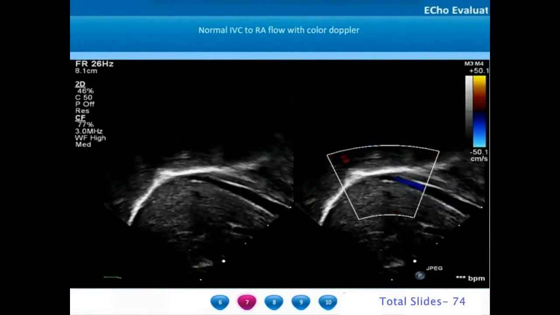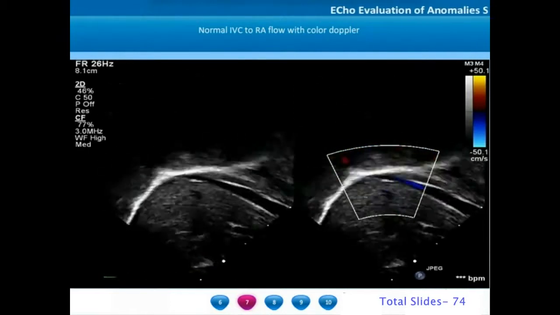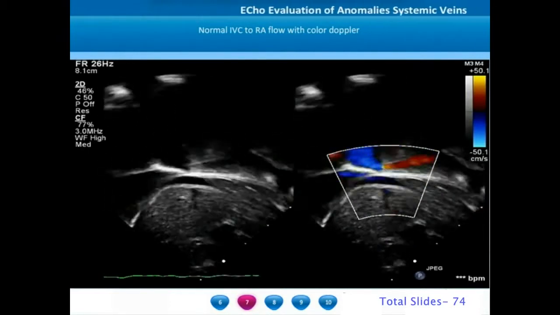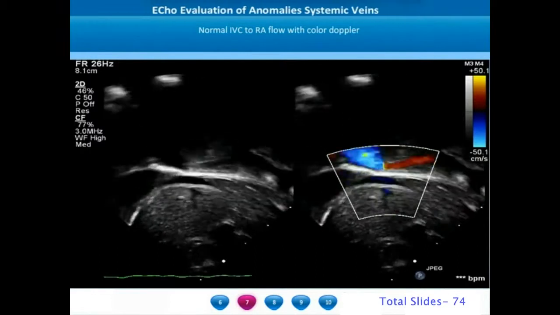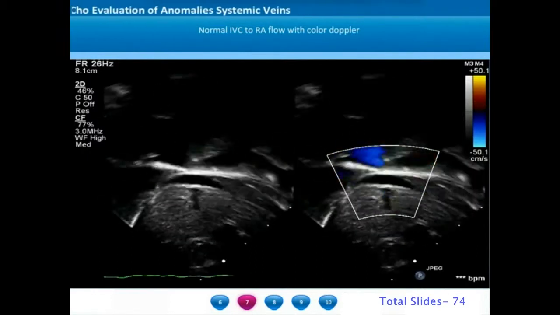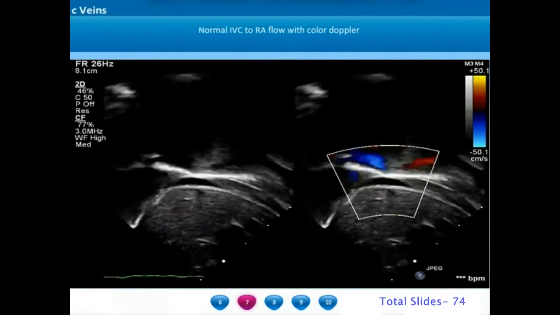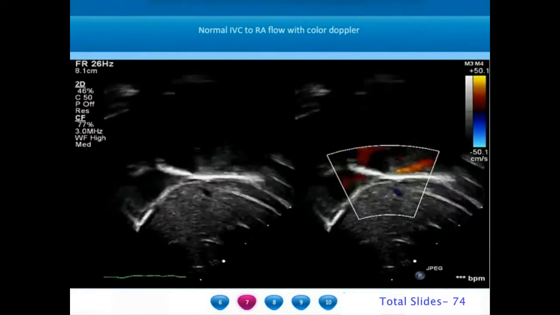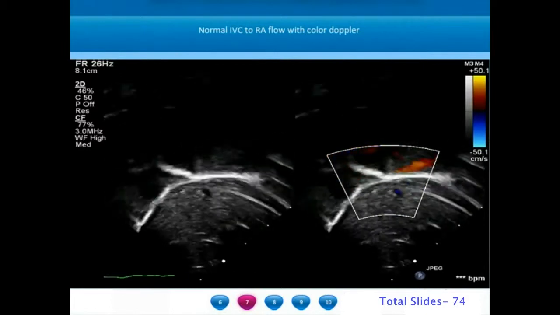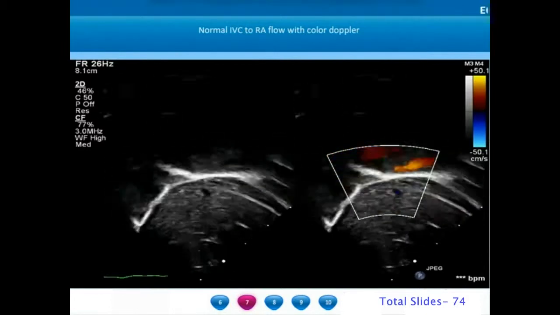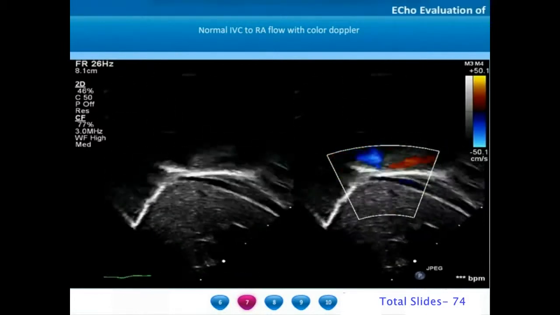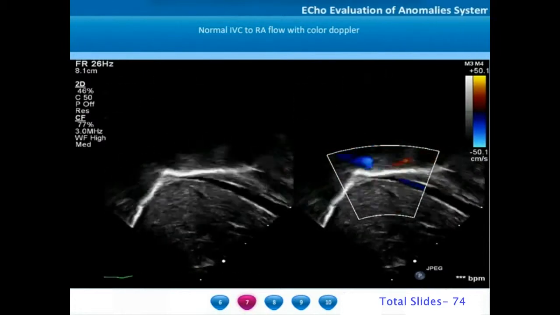The normal inferior vena cava has a good inspiratory collapse. During inspiration, the negative intrathoracic pressure causes a sucking in of the blood from the inferior vena cava into the right atrium, and this results in collapse of the inferior vena cava.